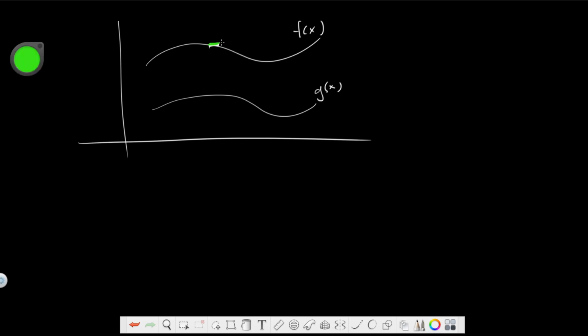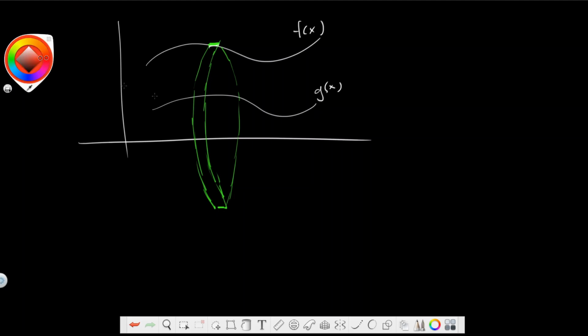About right there, that's good. Awesome. So there's my disk, if I were to revolve f of x around the x-axis. Now I'm going to revolve g of x around the x-axis, and I'm going to be left with a washer.